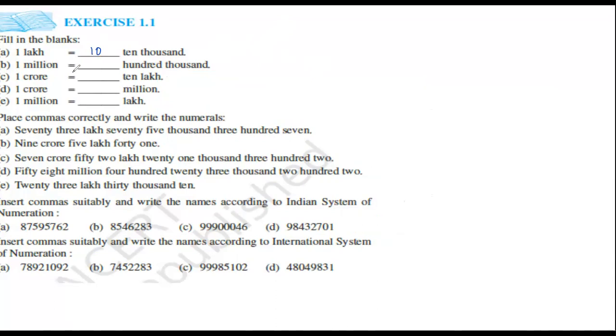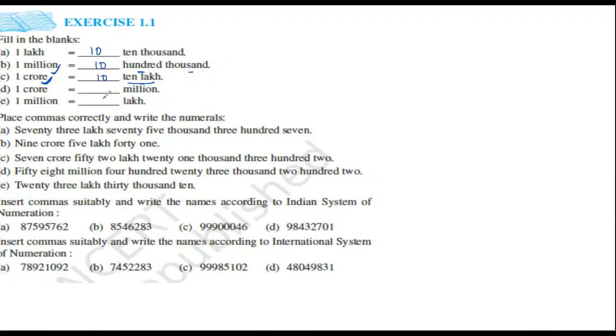In 1 million, as I told you, it will consider 6 zeros, right? After 1, 6 zeros. So how many 100,000 will be there? There will be 10. In 1 crore, how many 10 lakh will be there? As I told you, there will be 7 zeros. So I can say there will be 10 lakhs, right?